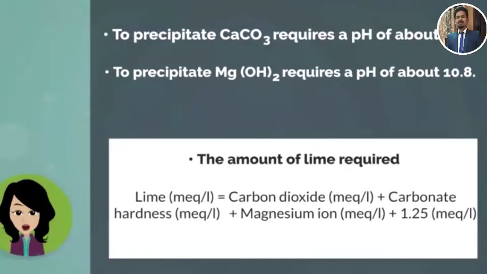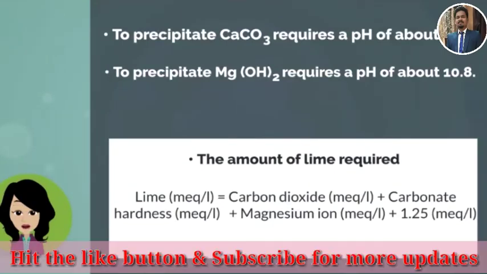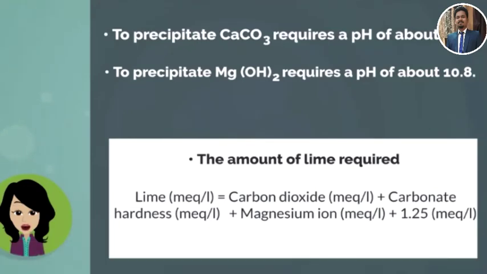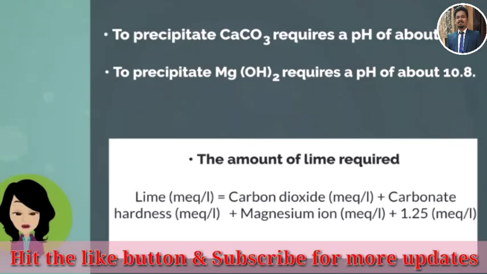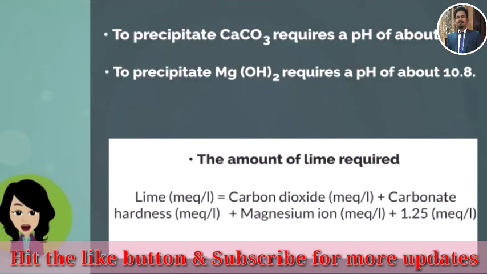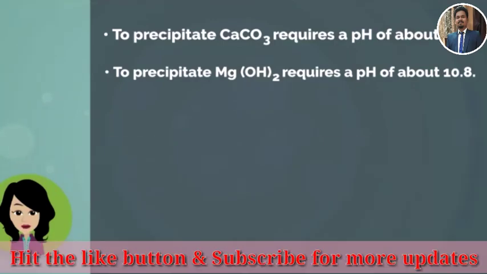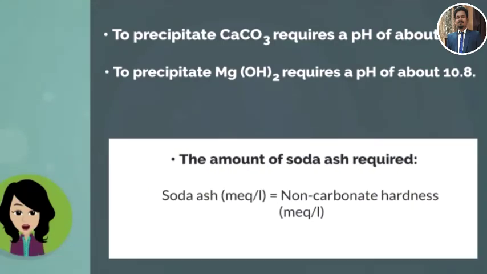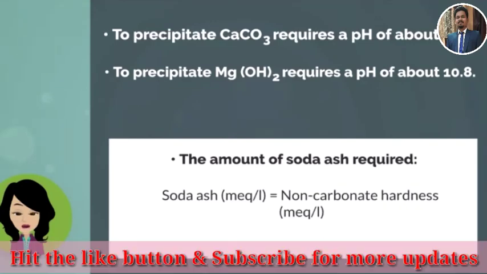The amount of lime required is equal to the amount of carbon dioxide in milliequivalents per liter plus carbonate hardness in milliequivalents per liter plus magnesium ion in milliequivalents per liter plus 1.25 milliequivalents per liter. The amount of soda ash required is equal to the non-carbonate hardness in milliequivalents per liter.